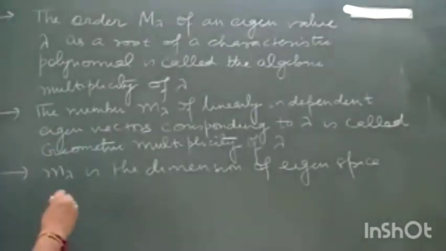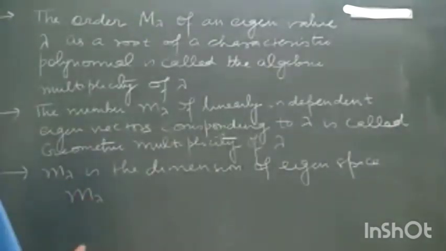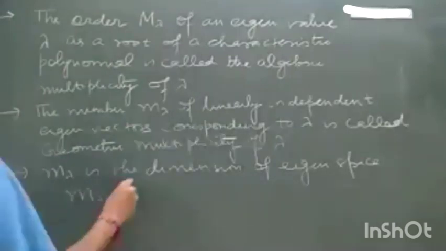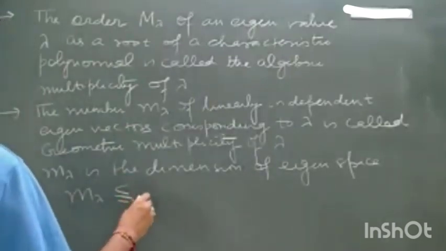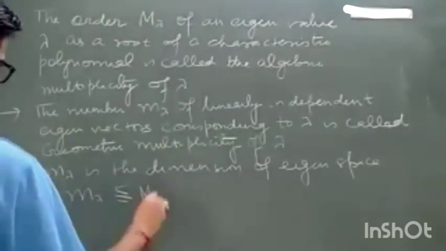So just note this down. So in general, we can write that this small m lambda will be less than or equal to capital M lambda.